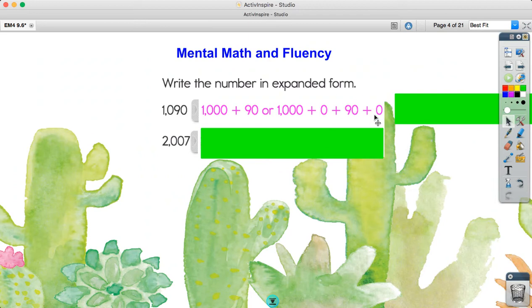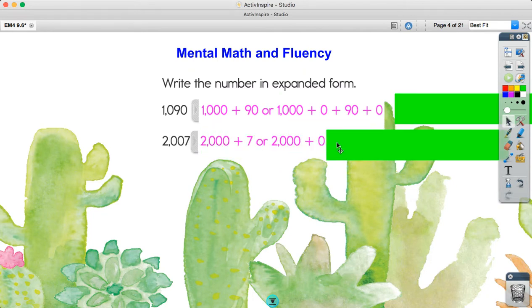The zeros serve as placeholders if you choose to write them. For 2007, in expanded form, it would be 2000 plus 7 or 2000 plus 0 plus 0 plus 7. Again, those zeros are holding the places of the hundreds and the tens place here, and of the hundred and the ones place here. Great job!